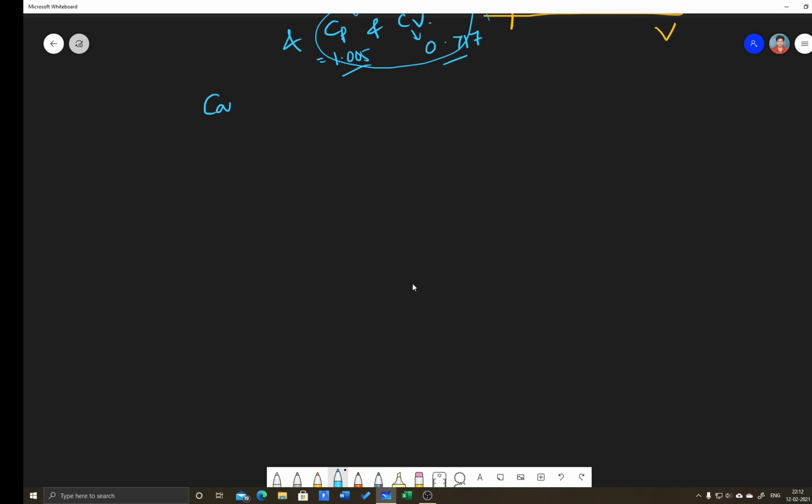So the main cycle is Carnot cycle. This is an ideal or theoretical cycle. That means this is the cycle which we want to achieve, but it is not possible. There are reasons that we will discuss while explaining Carnot cycle.